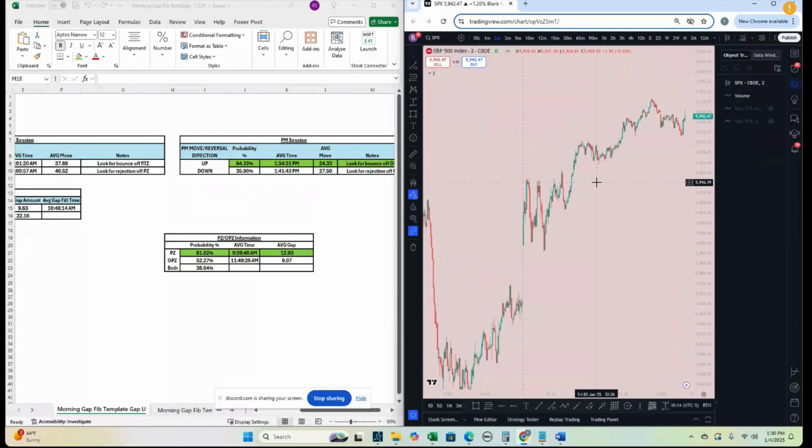I think a lot of mistakes are being made where people are taking contracts that are too far out of the money. Like you said earlier, if I don't get X amount of points on this move, it's not worth taking the trade because of theta and the time that it takes, right?